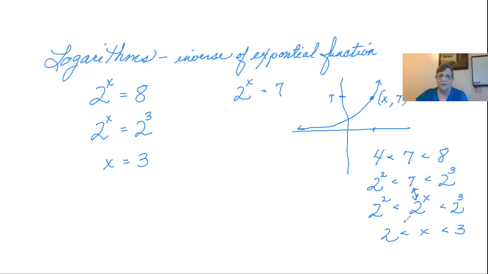But as I said, it's not really humanly possible to determine exactly what that is without the use of logs. So logs work like this. The logarithm is the inverse operation for an exponential, where your x is in the variable. Because if we've got 2 cubed is equal to 8, we could solve this for 2 by taking the cube root of both sides.